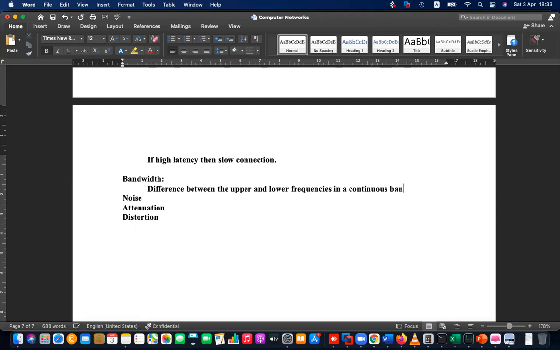Continuous band of frequencies is called bandwidth.